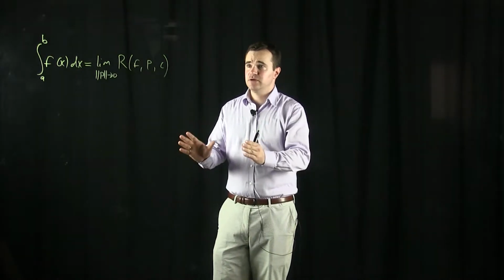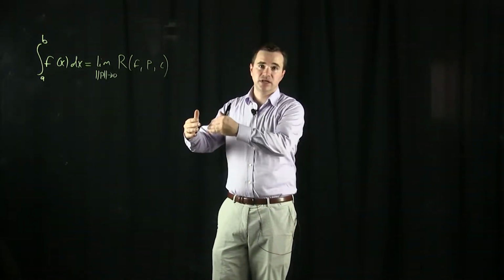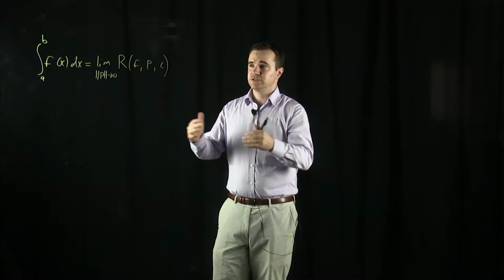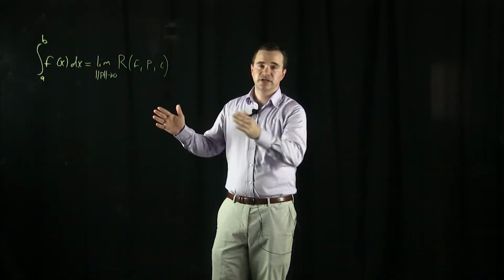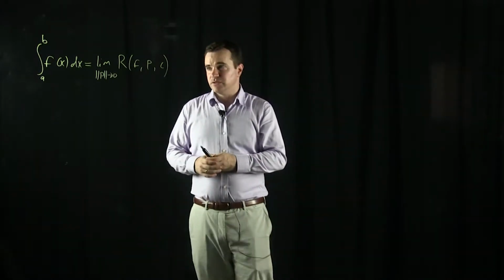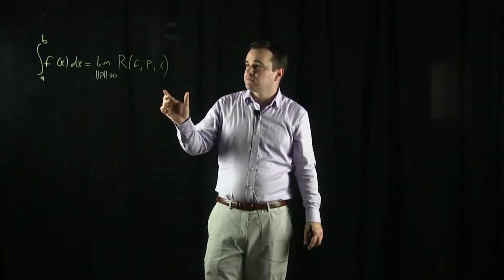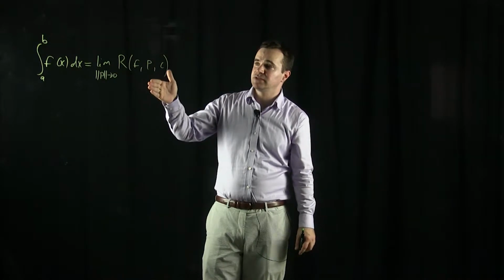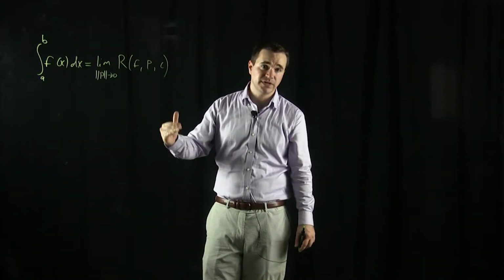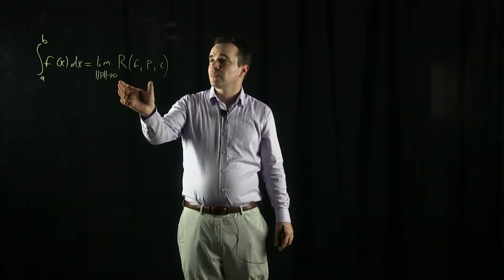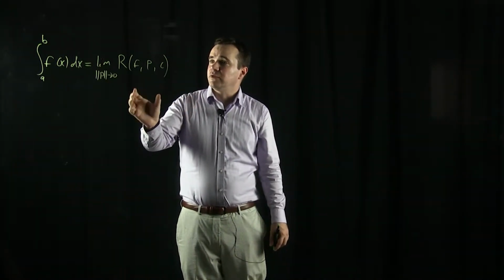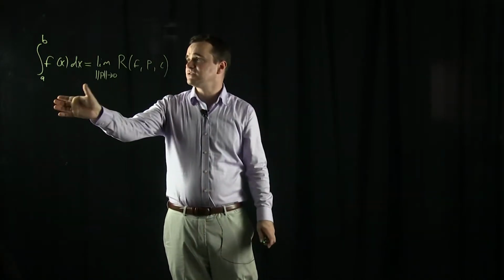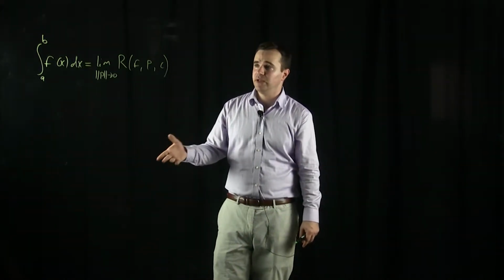What I'm asserting here in this definition is that if you take any sequence of partitions, and then for each partition take any collection of sample points, then so long as the largest delta xi is heading towards 0 in your sequence of partitions, then if it's true that the Riemann sums approach a single fixed number, then we call that single fixed number the integral from a to b, the signed area.